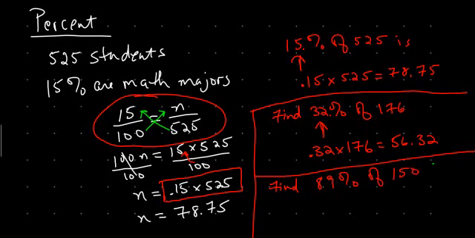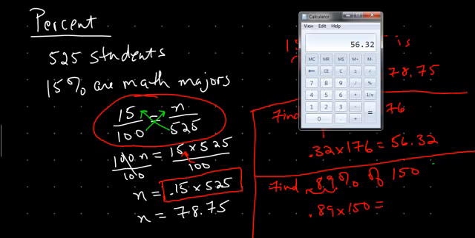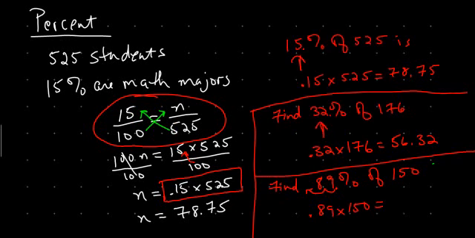That is, I take my decimal place and move it over 2 spots and get 0.89 times 150. 0.89 times 150 is 133.5.